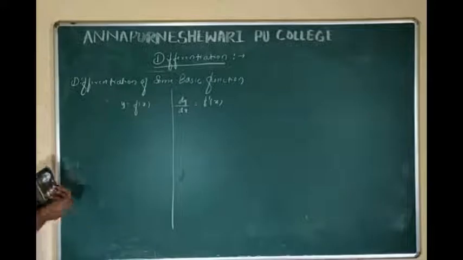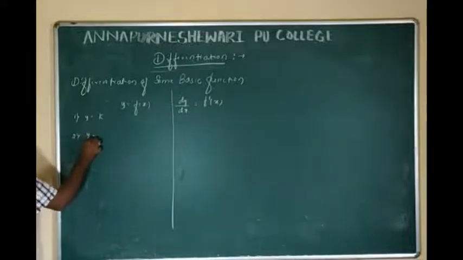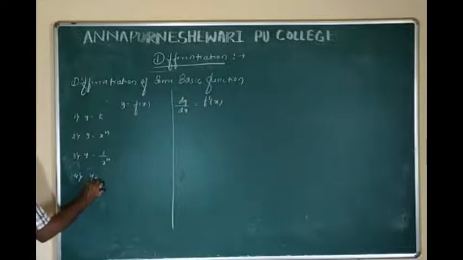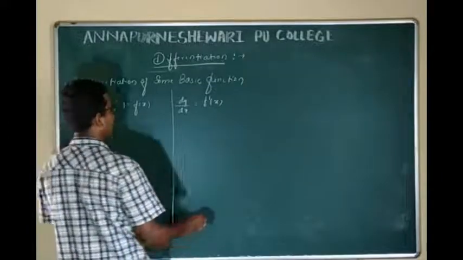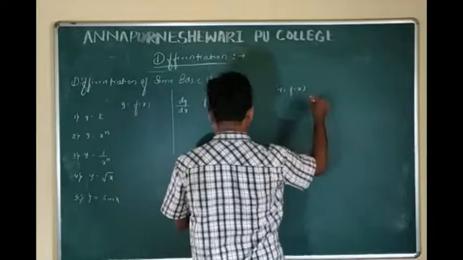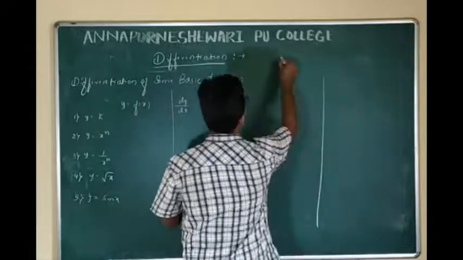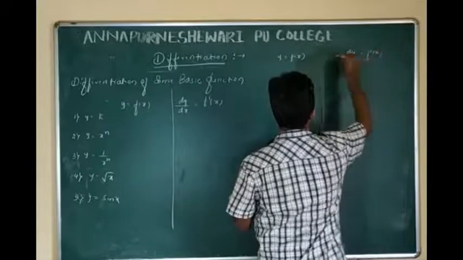So the first formula is y equal to k, next y equal to x raised to n, next y equal to 1 divided by x raised to n, y equal to root of x, y equal to sine of x, here also y equal to f of x, dy by dx is equal to f dash of x.